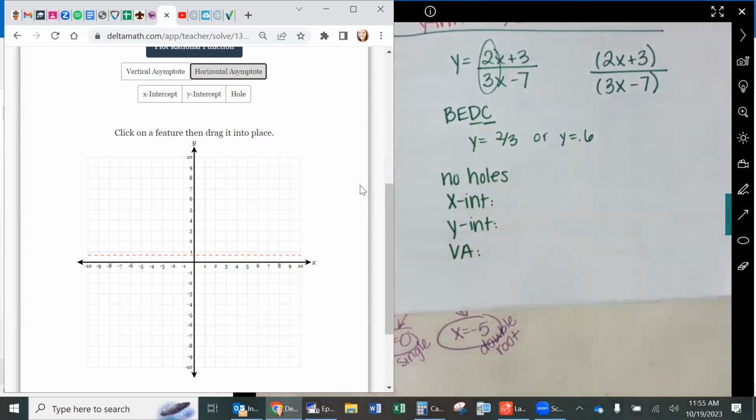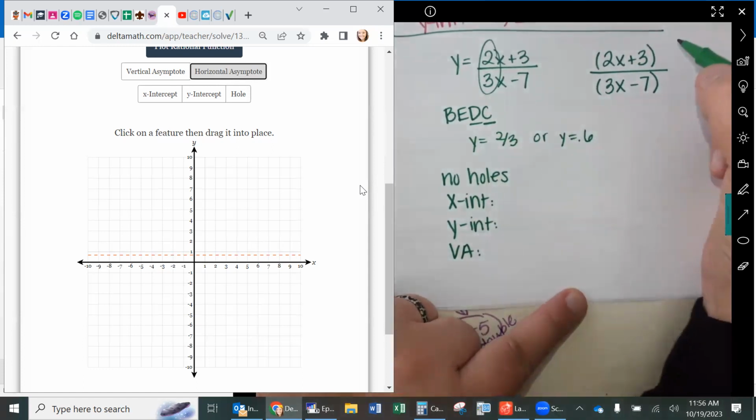Okay, do I have any x's left on the top? Yes, and remember, if it looks like this, you have 2 choices. You can set it equal to 0, or you can remember the pattern. What would happen to the +3? It would turn to a -3, and then what would you do with the 2? Divide. So let me show you.